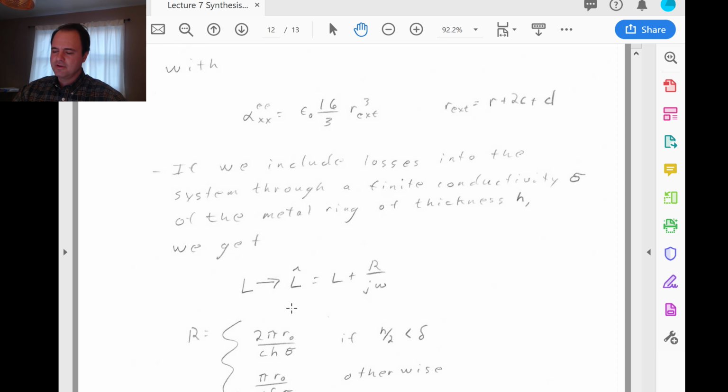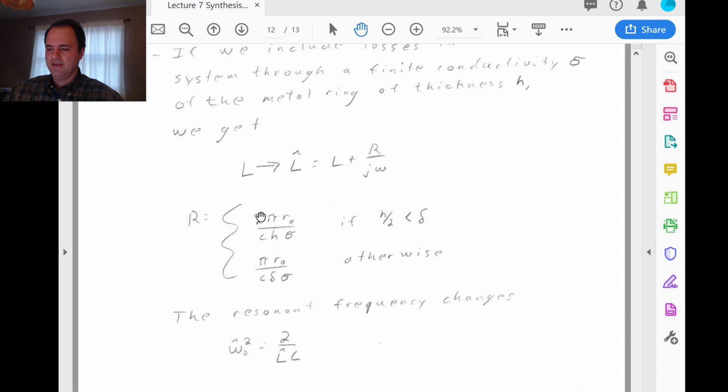So if we include losses into the system through the metal with a finite conductivity sigma, so of the metal ring, which itself has a thickness of H, wherever we have L in there, it has to be replaced with L hat, where L hat is equal to the original L plus R over J omega, where R is the resistance of the ring, and depending on if H over 2 is less than the skin depth, this delta is the skin depth of the metal.